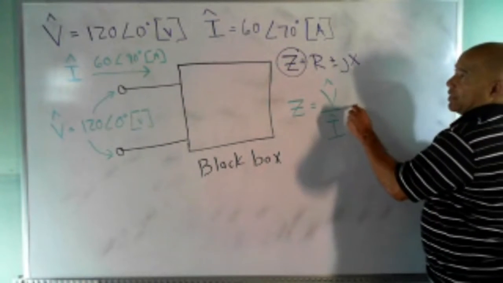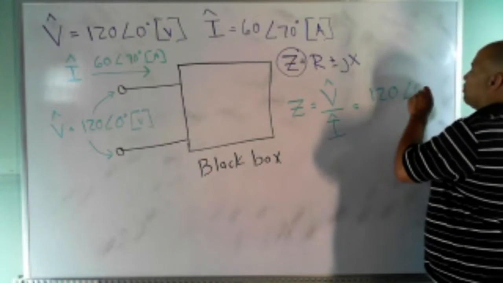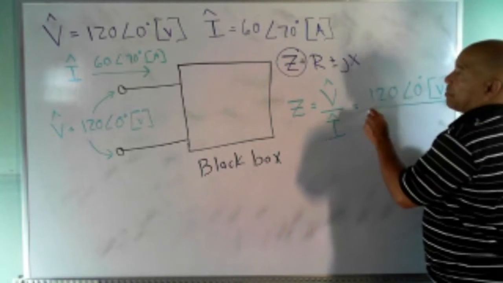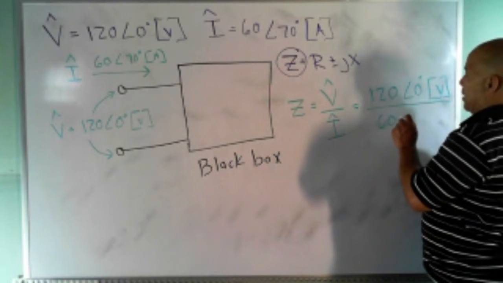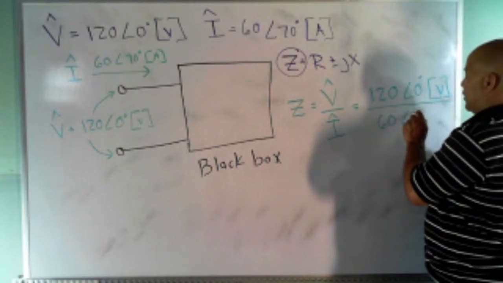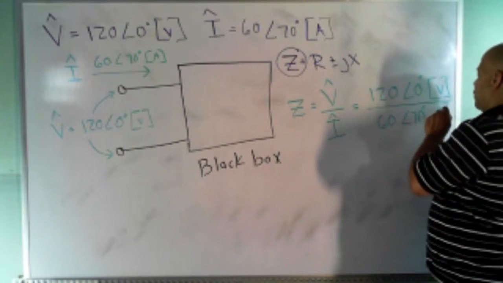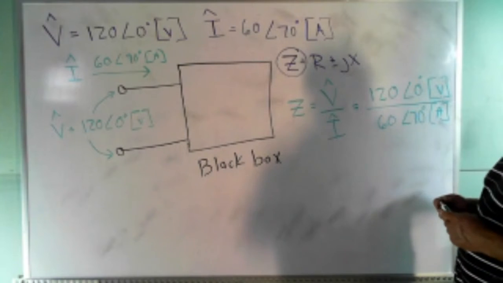So I'd have to divide this 120 volts divided by 60 at an angle of 70 degrees amps. That would give me Z in polar form. So let's go ahead and do that.